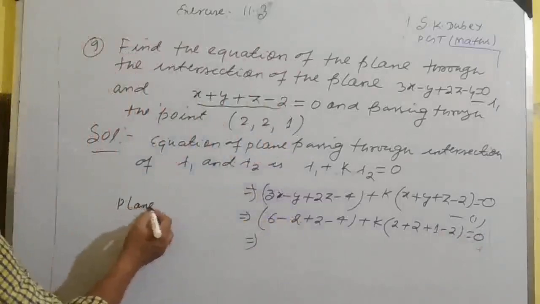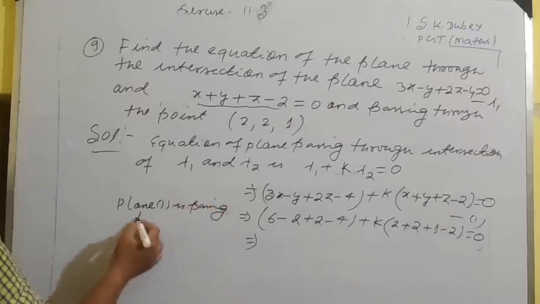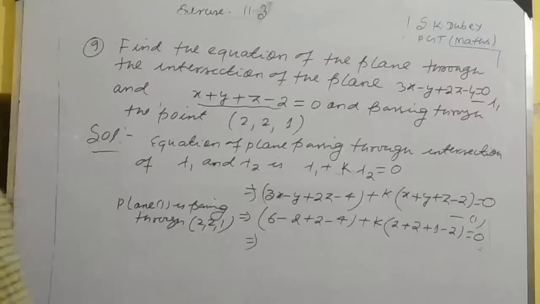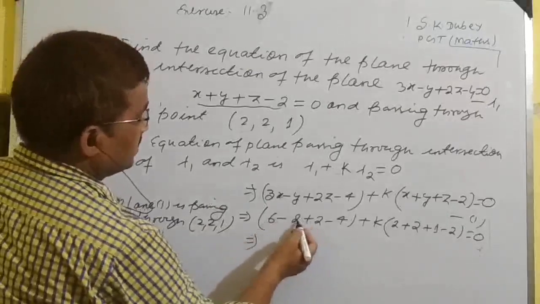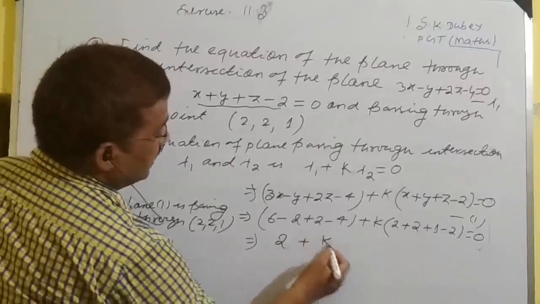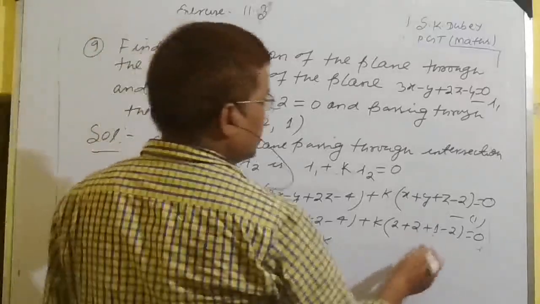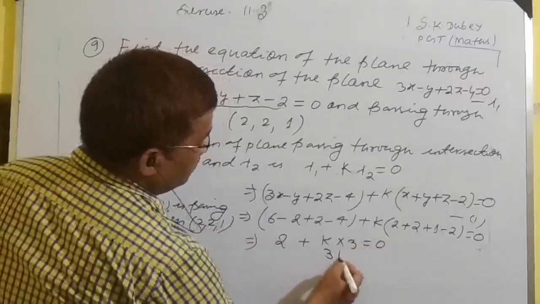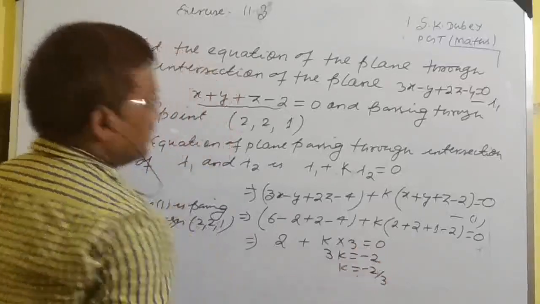Here you can say this is 6 minus 2 minus 4, that is 2, plus k into 3 is equal to 0. The value of k is minus 2 by 3.